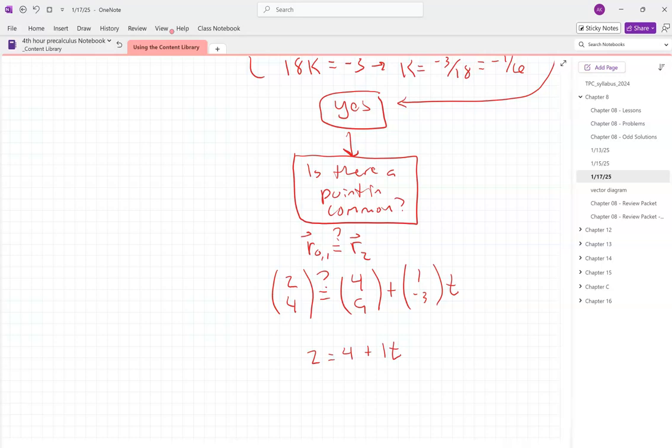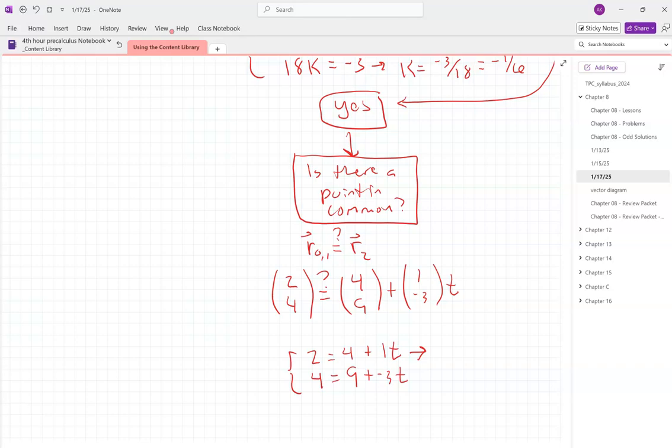And the second line says 2 equals 9 plus negative 3t. I'm just now going to solve each of these equations for t and see if I get the same result.